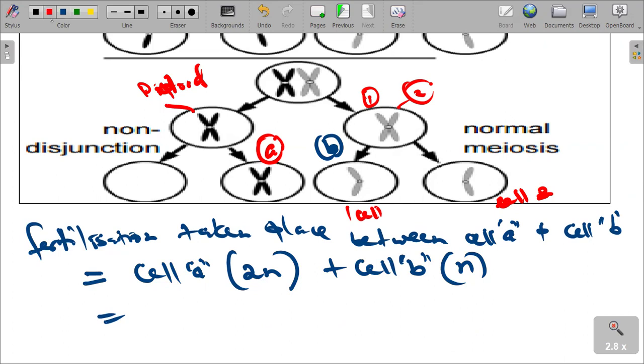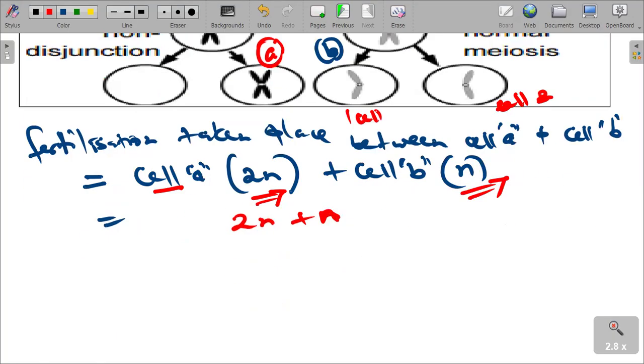I need you to take note that this is just a cell, but what is important is that the contents of cell A are combined with the contents of cell B. So what is being added is 2N plus N. I'm sure you are mathematicians, and this cannot give you any stress. 2N plus N is going to give us 3N.